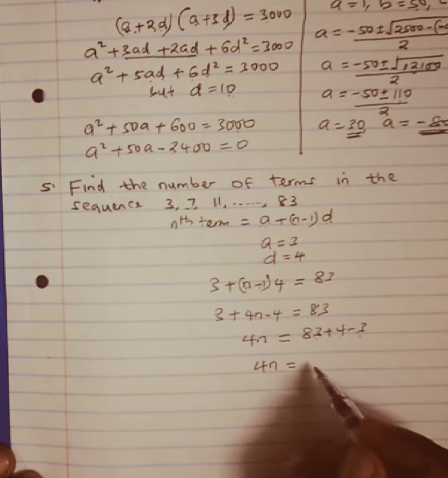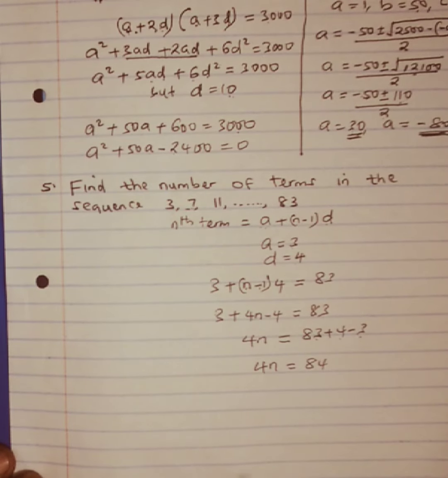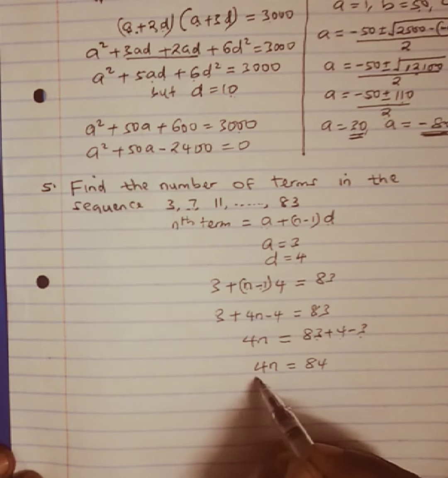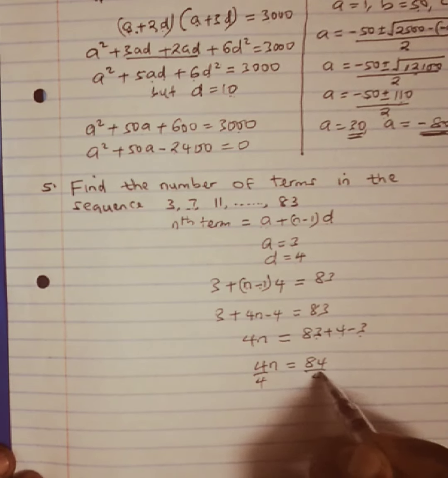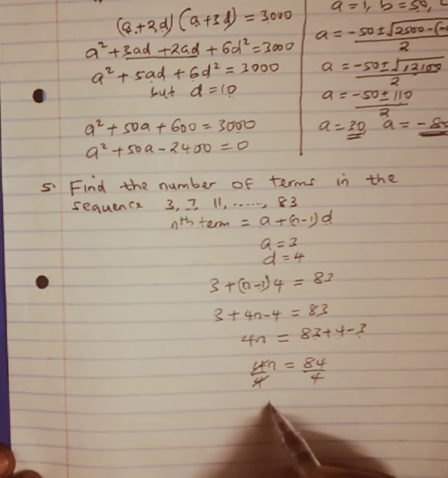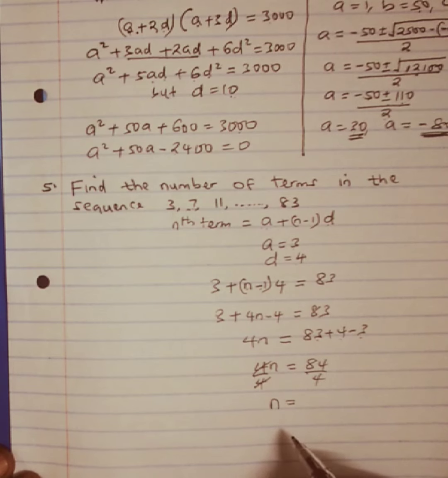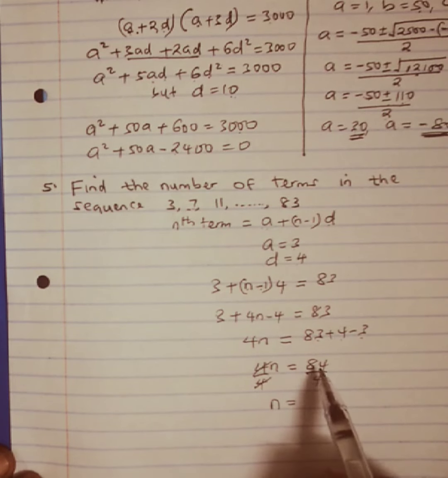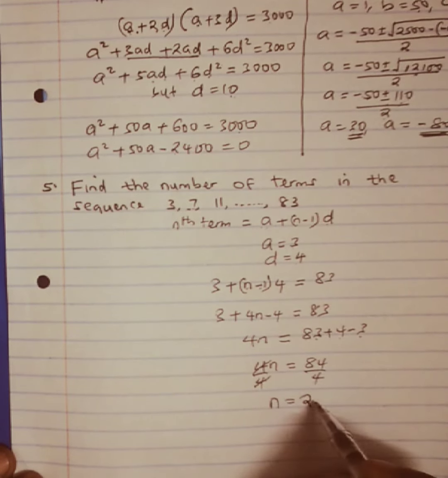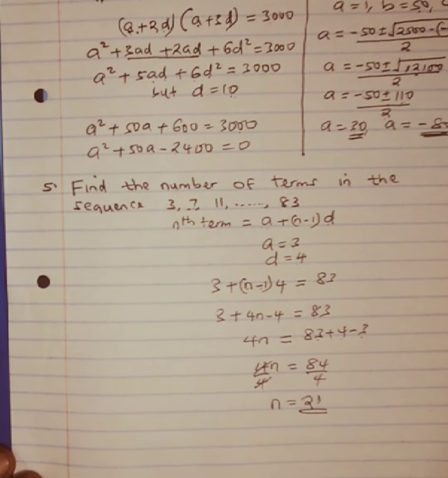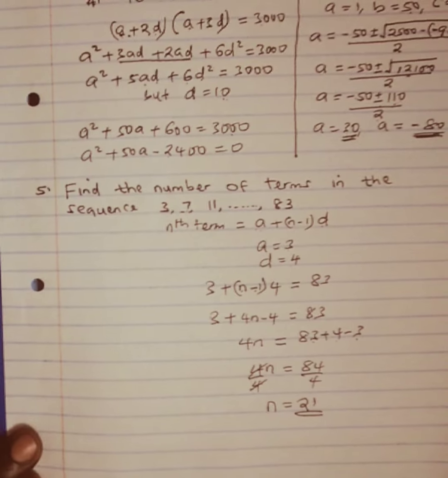You add 4. This one will give us 84. If you divide by 4 on both sides, 4 and 4 will cancel, and n, which stands for the number of terms, will be equal to 21. And that is what the question requires us to find.